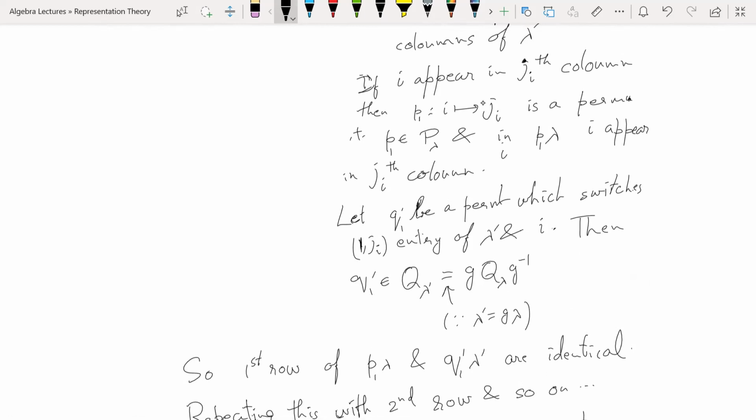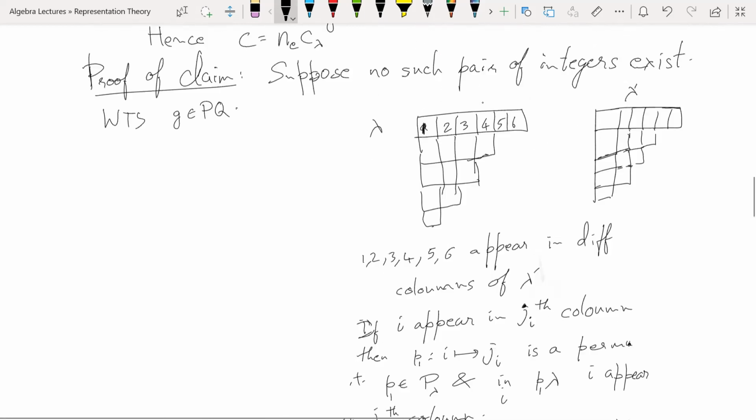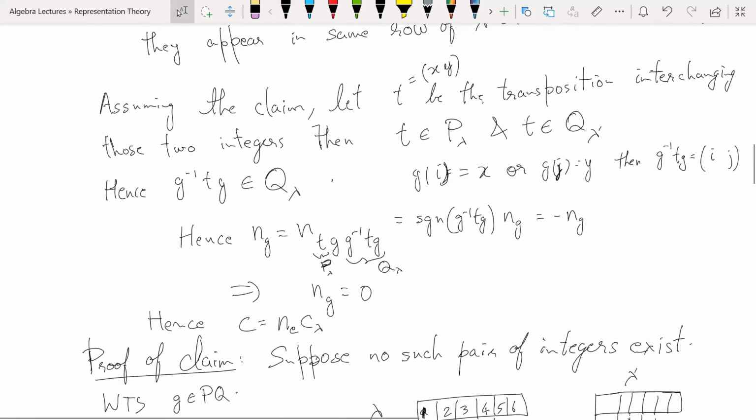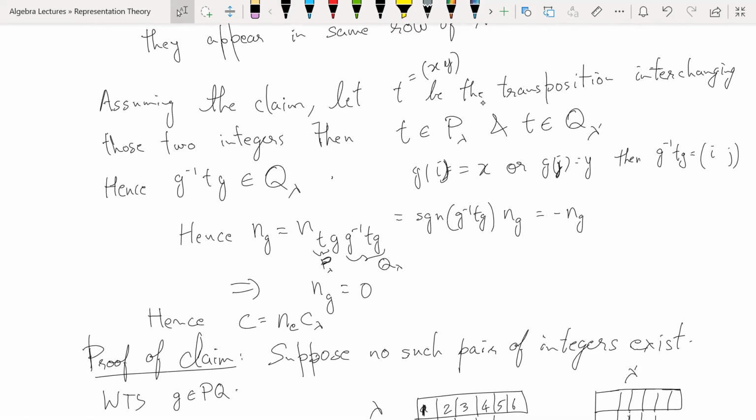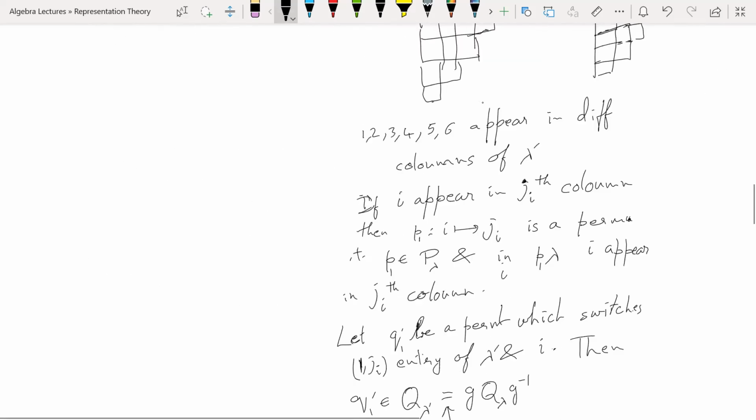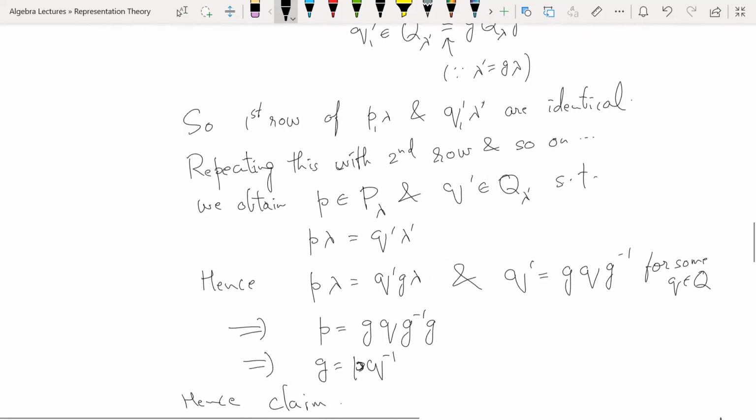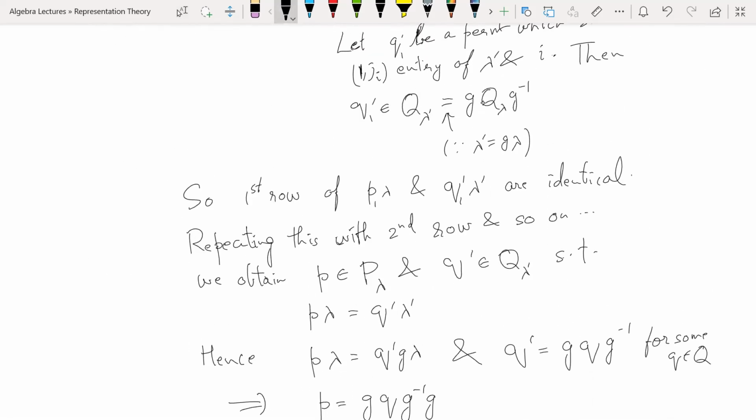Okay, so it's the same logic which I gave you here. If T belongs to Q lambda prime, then T is in G Q lambda G inverse. So that tells you that Q lambda prime is just G Q lambda G inverse. So Q1 prime belongs to this.